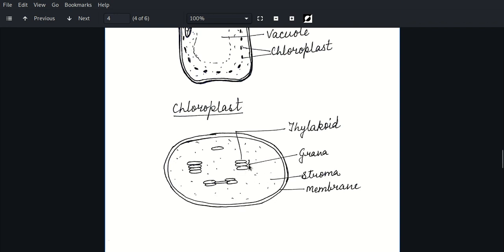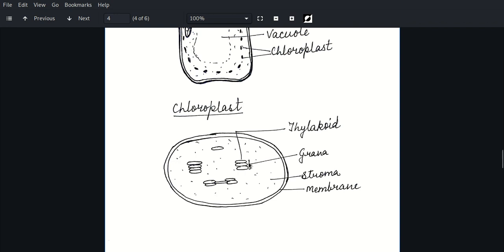Another cellular part is called as grana. Grana is formed by stacked structure of plate-like lamellae. Single lamellae is called as thylakoid. Thylakoids are arranged one over another like coins when we keep one over another and form the structure.